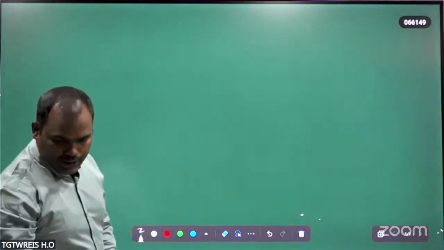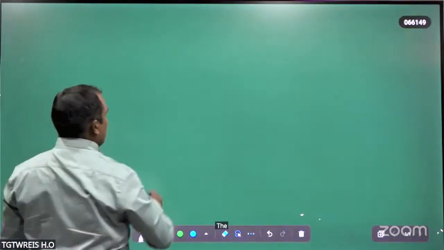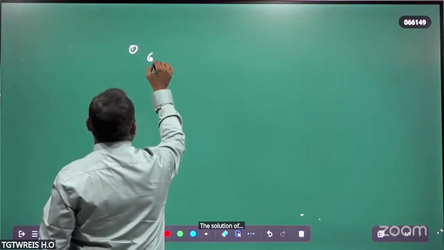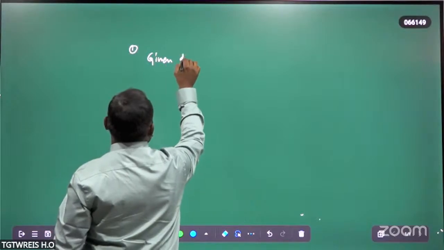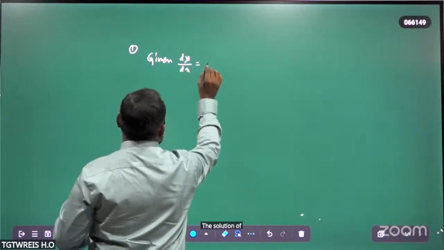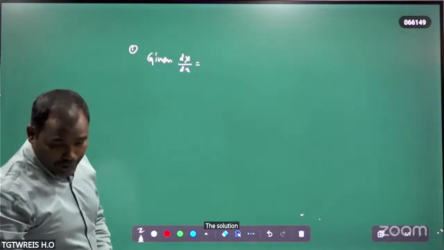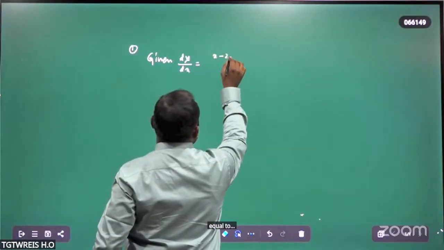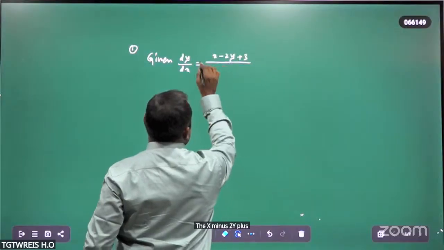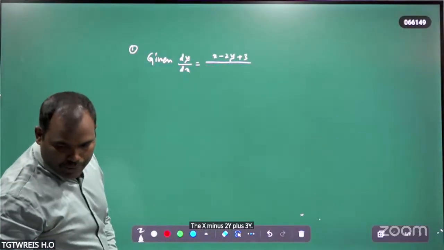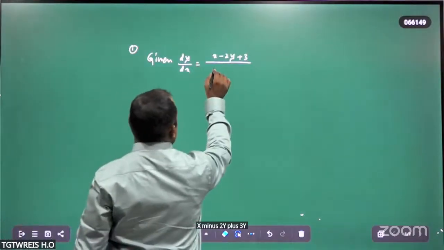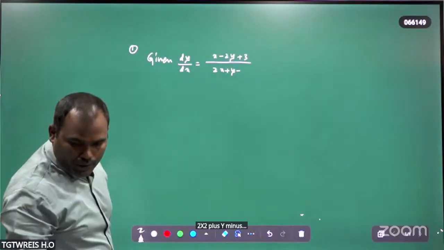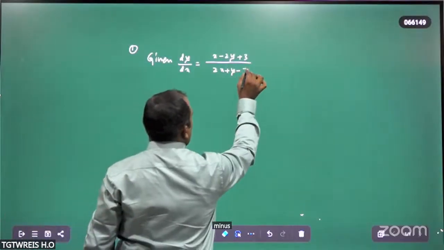Question one: the solution of dy by dx equal to (x minus 2y plus 3) by (2x plus y minus 5).